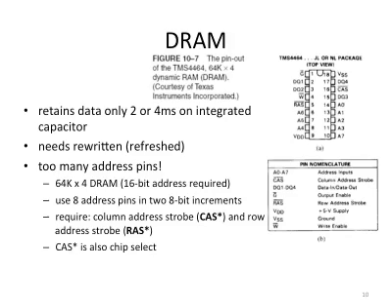As we explained, we use 8 address pins in two 8-bit increments. As a result, we need separate control signals to indicate whether currently these 8 pins carry the row address or the column address.